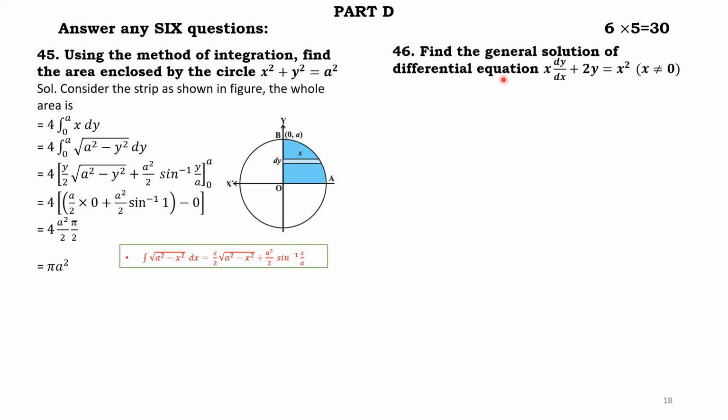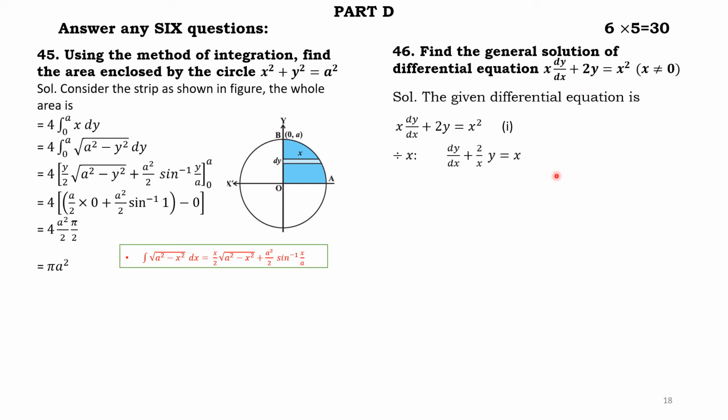Next question. Find the integral of the solution of the differential equation x into dy by dx plus 2y is equal to x square. So we have to find the general solution for the differential equation. The given differential equation is x into dy by dx plus 2y is equal to x square. We have to divide both sides by x.